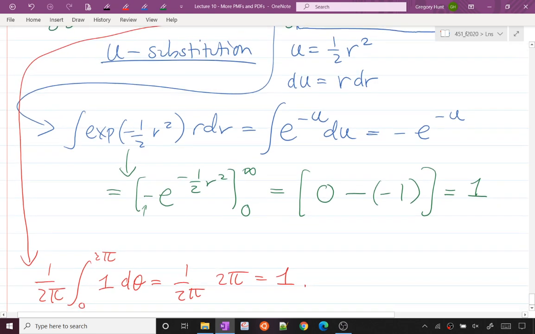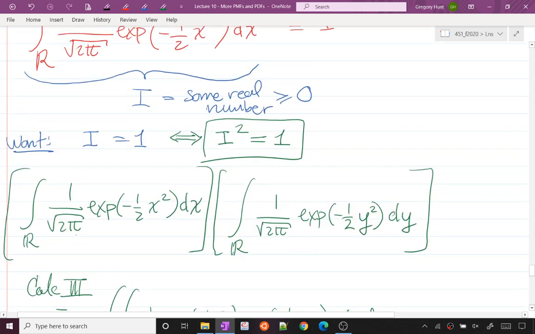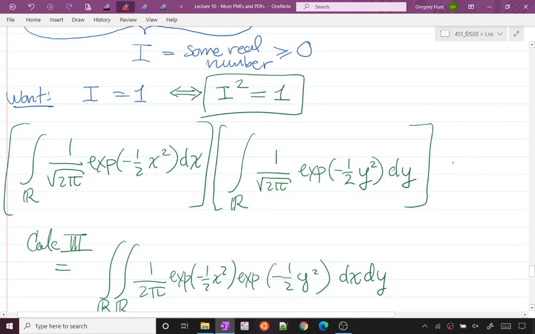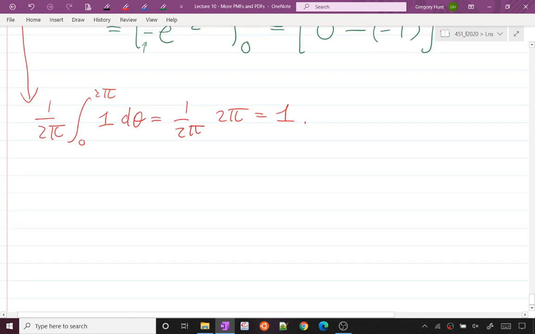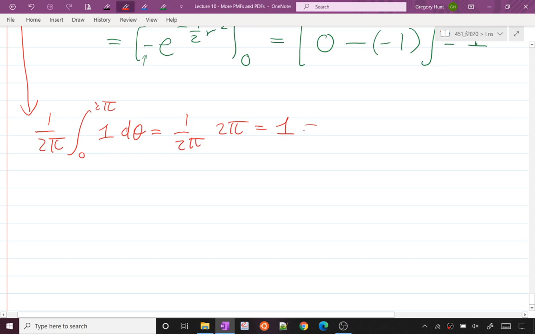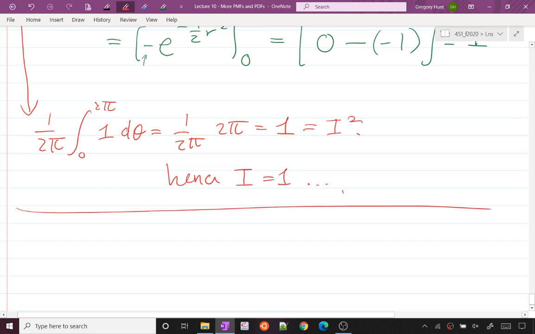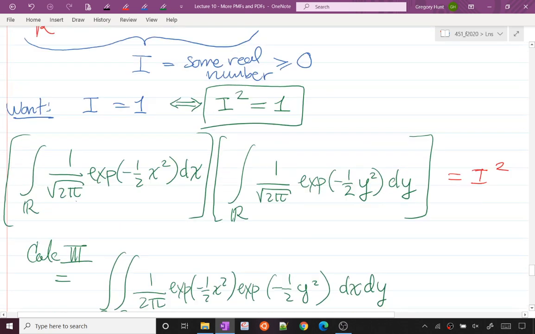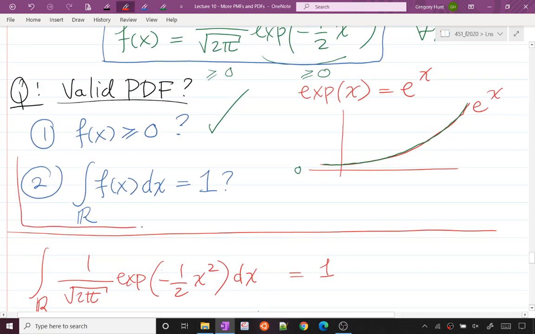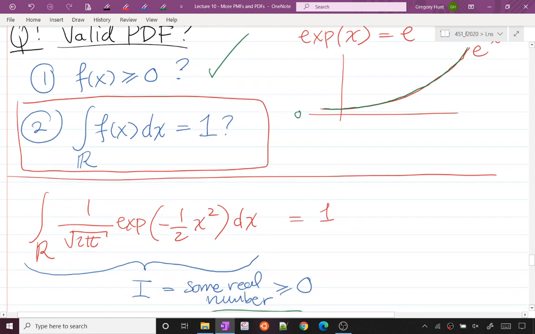And so way back, if I go back up, what was this whole thing equal to in the beginning? This whole thing was equal to I squared. So what I've shown is that this I squared is 1. Hence, my integral is 1. So my theorem is true, or my PDF is valid. I showed that this thing, which I was calling I, is 1. That integral is 1. The normal PDF is valid.